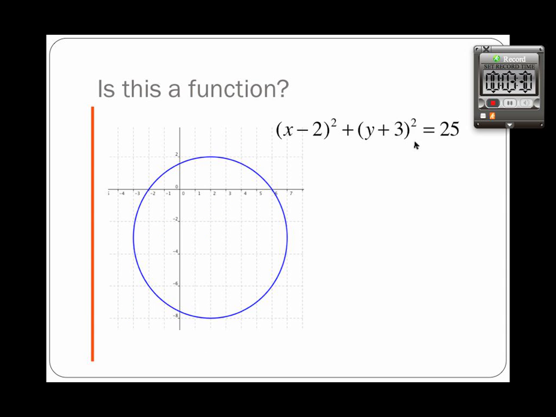Let's look at one more mathematical relation. Quantity x minus 2 squared plus quantity y plus 3 squared equals 25. For those of you who are familiar with this equation, this is just a circle with a center at (2, -3) and a radius of 5. If I run this vertical line through, you can see already it's running through multiple points.